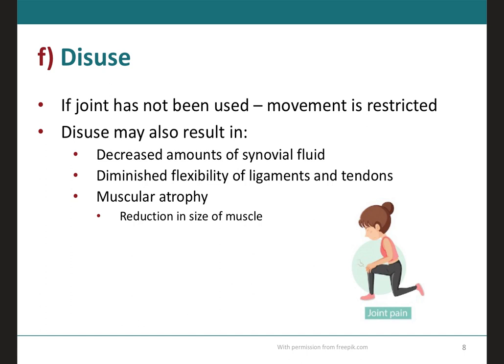And this disuse, which means that you're not really using your elbow joint in this case, may also result in a decreased amount of synovial fluid, which will then diminish the flexibility of the ligaments and the tendons and also cause muscular atrophy, which we talked about already, which is a reduction in the size of the muscle. So it's very important that you move as much as possible, because not moving actually restricts the movement and makes it even worse as time goes by.